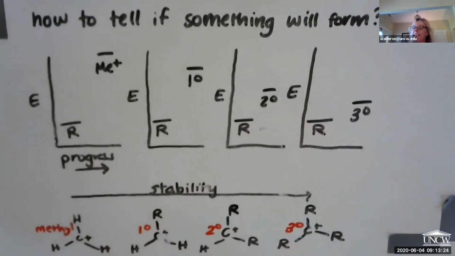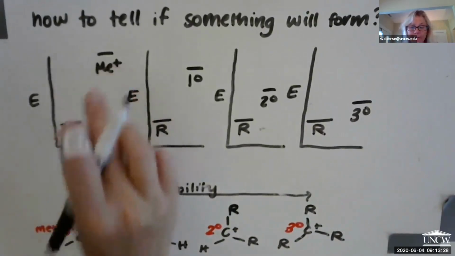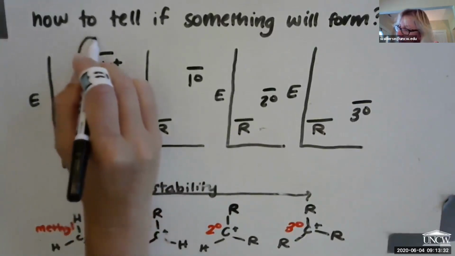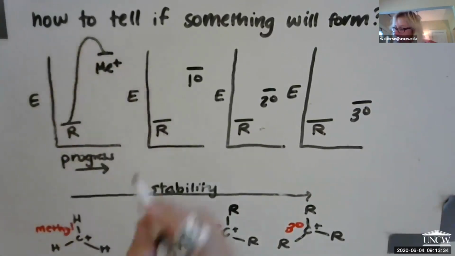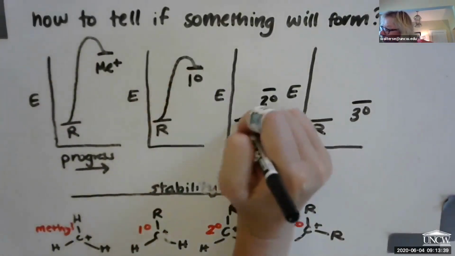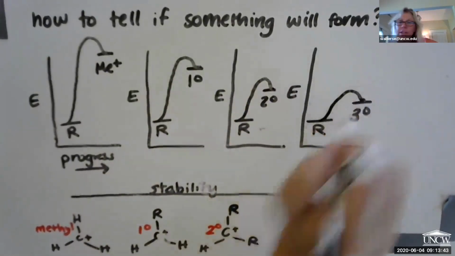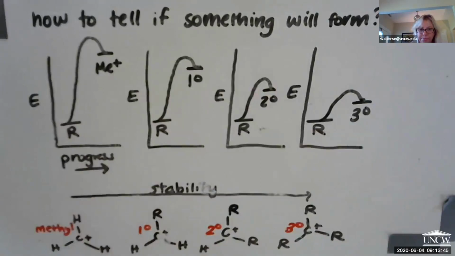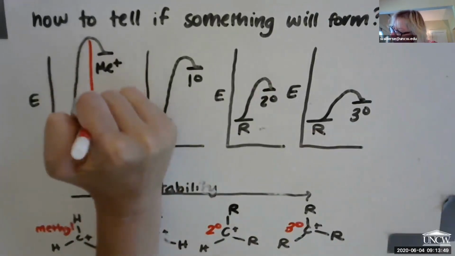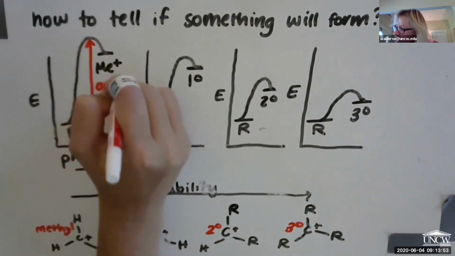In any case, we're trying to go uphill from low to high. The reactant energy diagram will look like this. There'll be a little hill before you reach your intermediate. The height of this hill is called the activation energy.